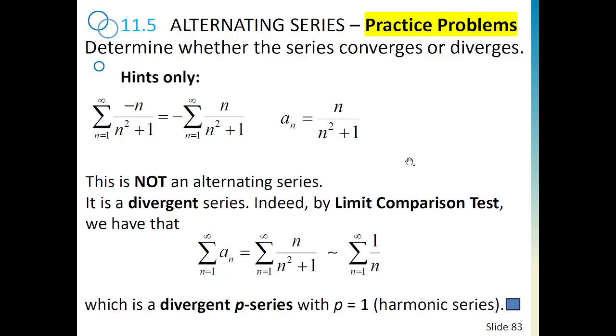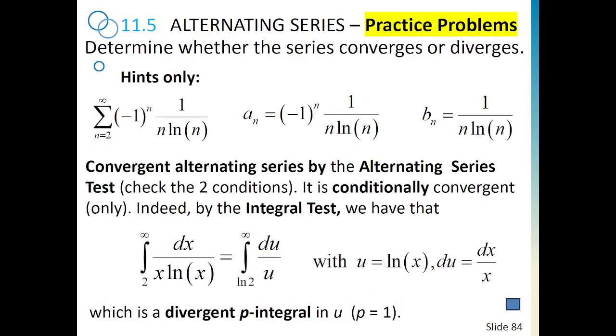Now to see if this series is convergent or divergent, well, we have not much choice but to use the limit comparison test, comparing with the series 1 over n. So that's classical. Here, checking the two conditions for the alternating series test is straightforward, nothing special.